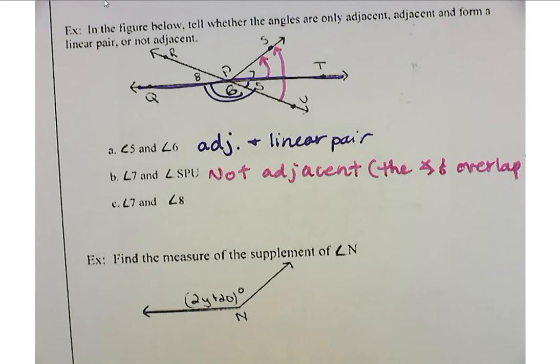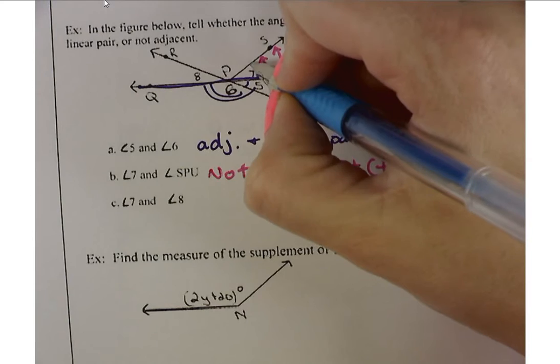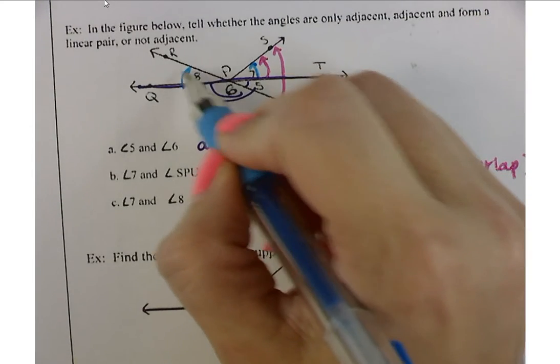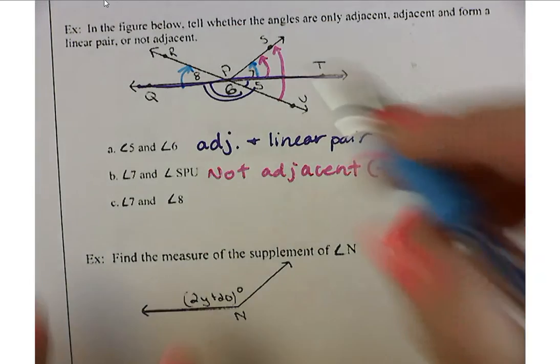So then the last 2 we're going to look at are 7 and 8. So I have angle 7 here again, angle 8. Are those adjacent? If you're unsure, ask, do they share a common side? Angle 7 and angle 8? What side do they share?